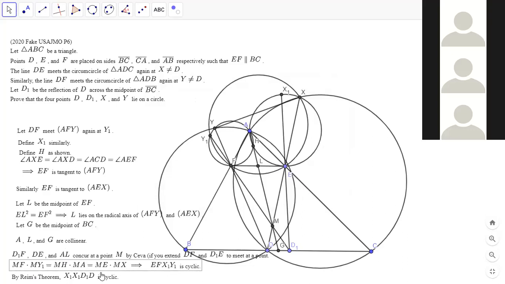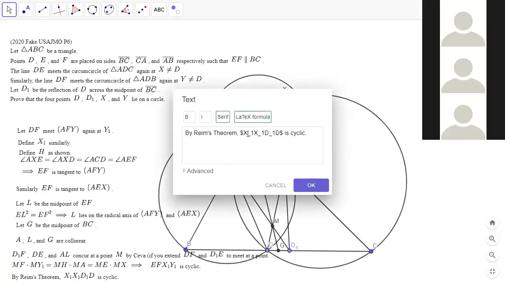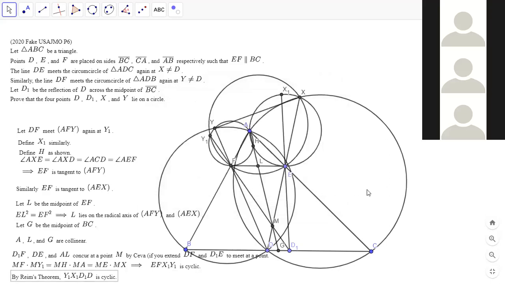Whoops, this should be a Y1. Anmol, is it obvious that this circle also passes through X and Y?